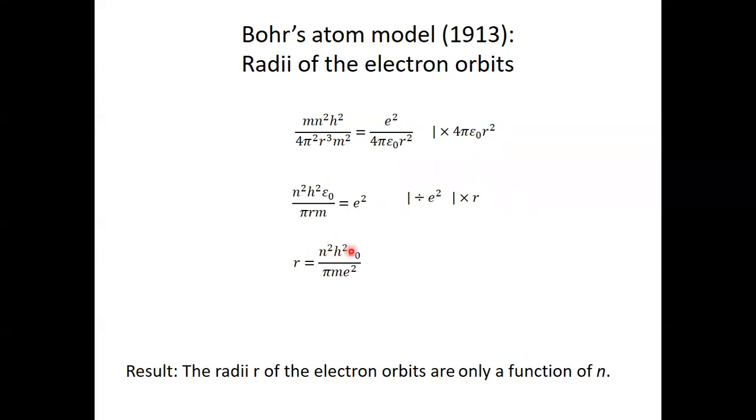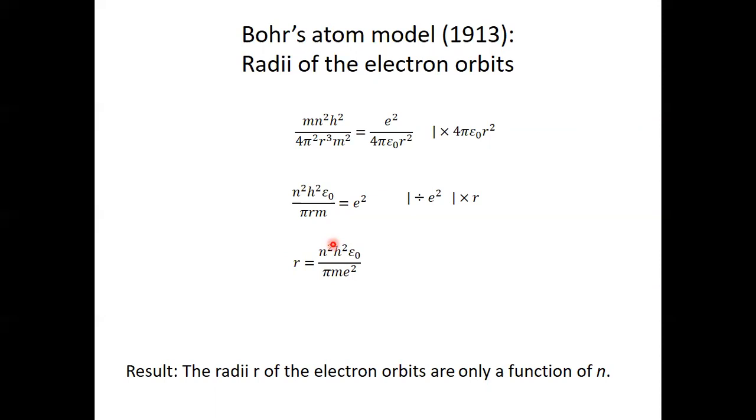All the other variables here are actually constants. The Planck constant is a constant, the dielectric constant of the vacuum is a constant, pi is a constant, the mass of the electron is a constant, and the elementary charge is also a constant. So basically, the radius is a constant times n squared.